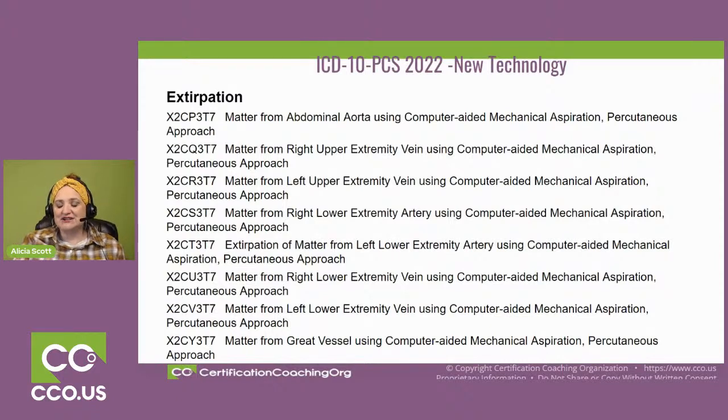New technology. Now, this is the last of the new areas, of the new codes. But don't think we're over, because there are a lot of new technology codes. In fact, every year that they add new codes to PCS, predominantly most of them are in new technology.